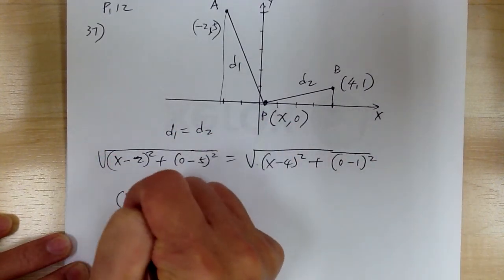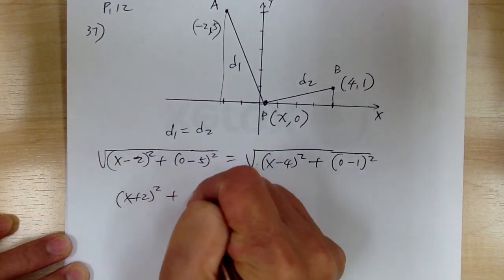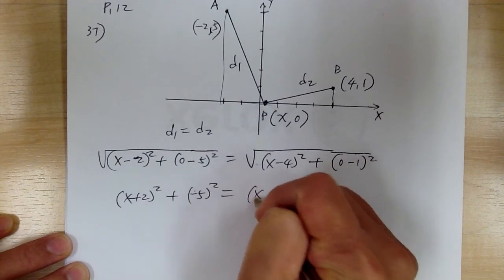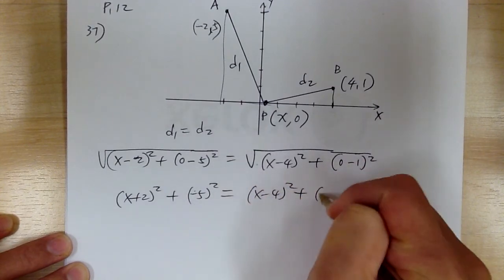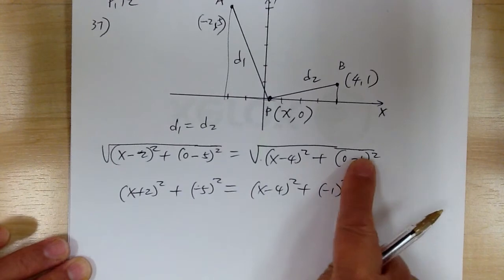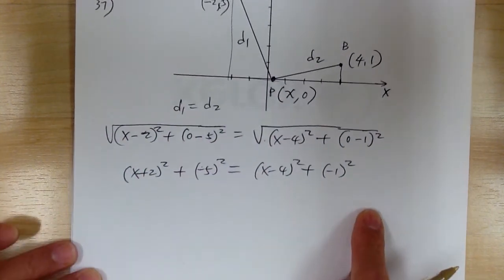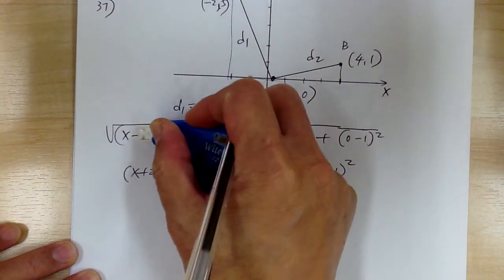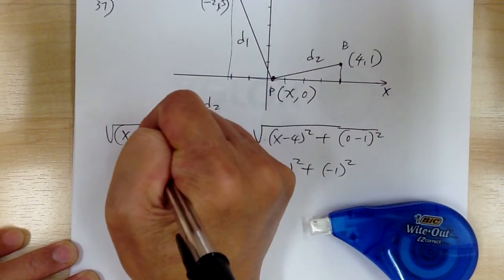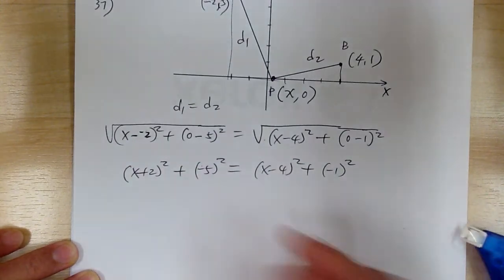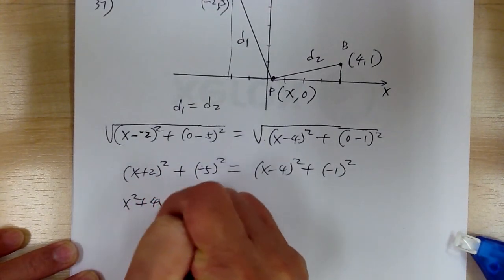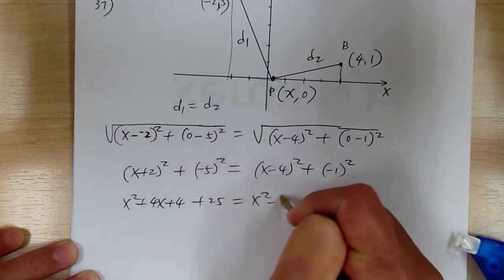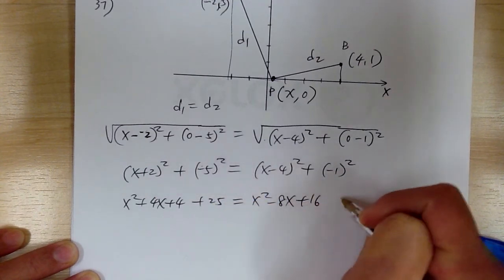So you're going to get (x plus 2) squared plus (-5) squared equal to (x minus 4) squared plus (-1) squared. Next, go ahead and work it out. Multiplying out, you get x squared plus 4x plus 4 plus 25 equal to x squared minus 8x plus 16 plus 1.